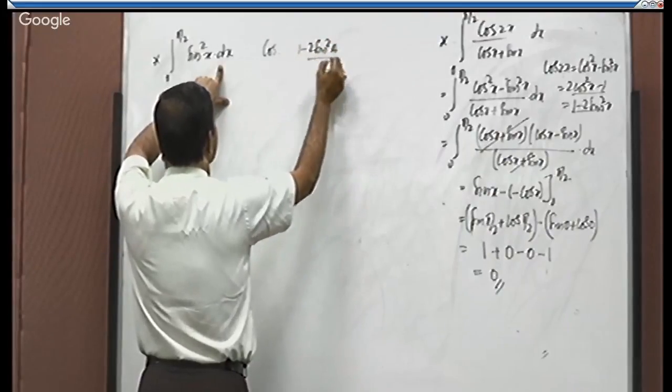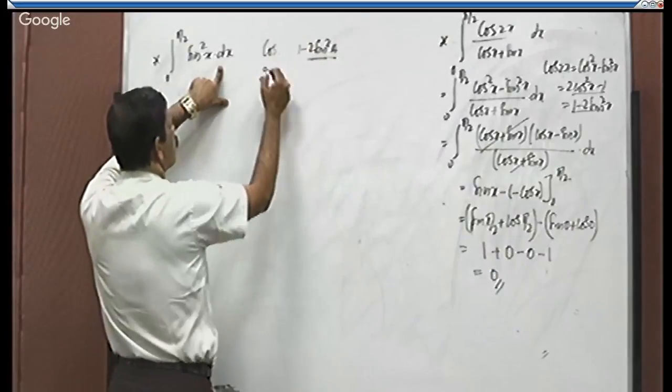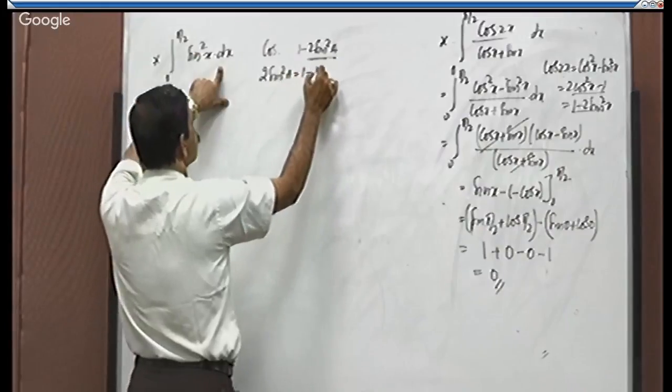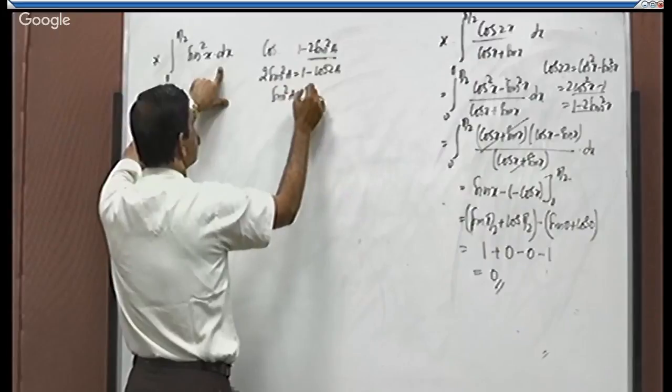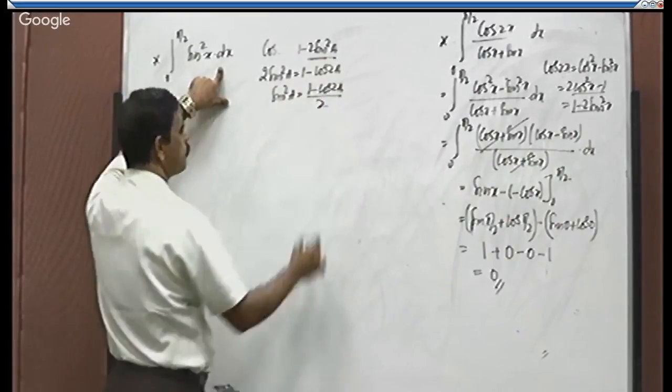I need sine square, so you take it to this side. Minus 2 sine square a becomes plus 2 sine square a is equal to 1 minus cos 2a. Or sine square a is equal to 1 minus cos 2a divided by 2.